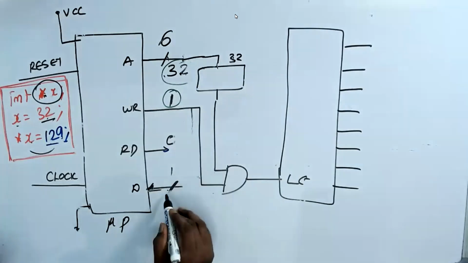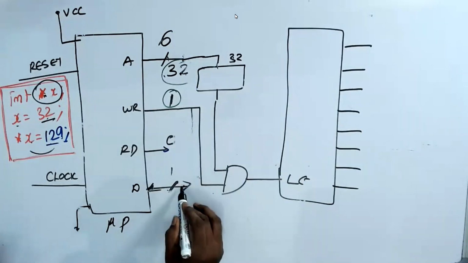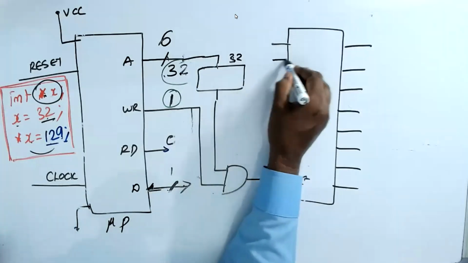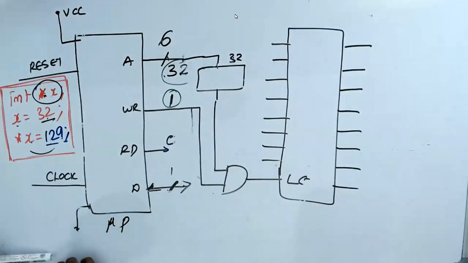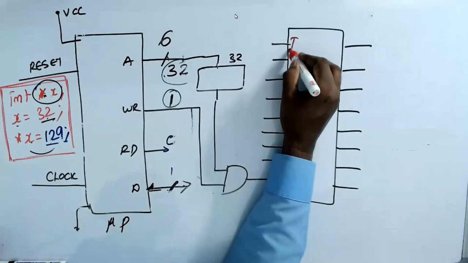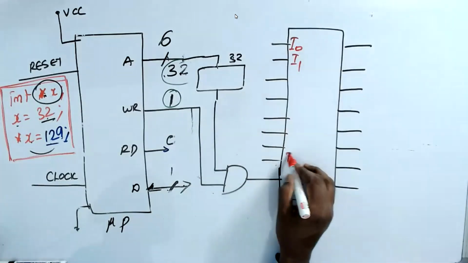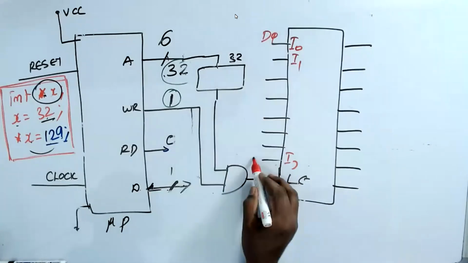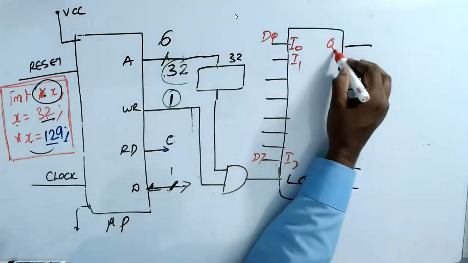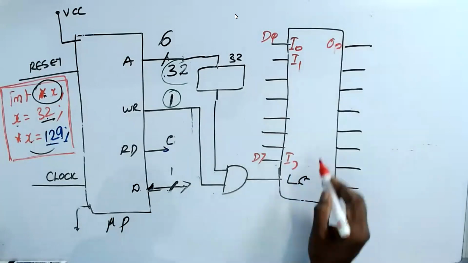Now these 8 pins, D0 to D7, are going here. These are input 0 to input 7. Outside we are connecting D0, and this is output 0 to output 7.